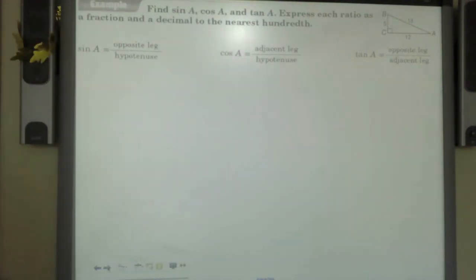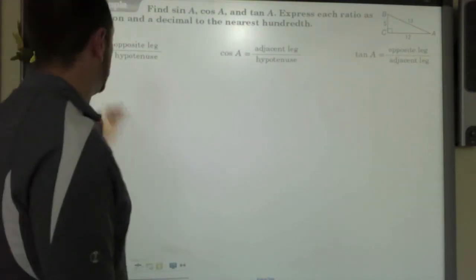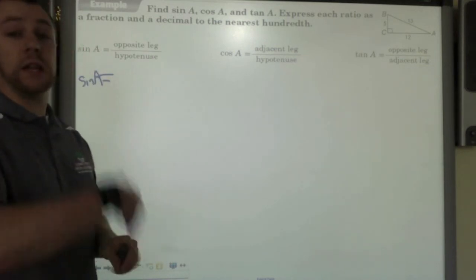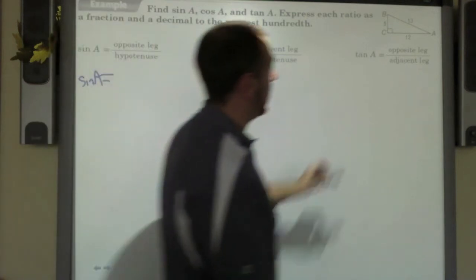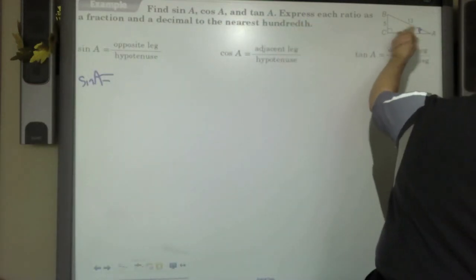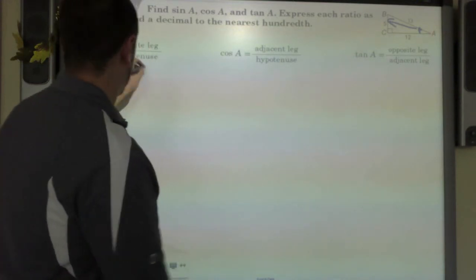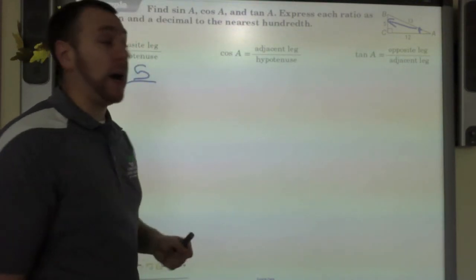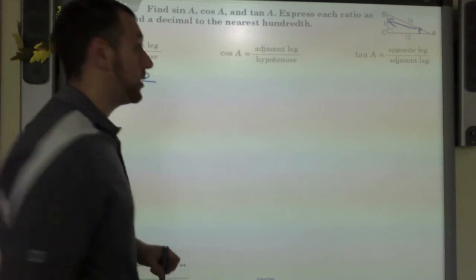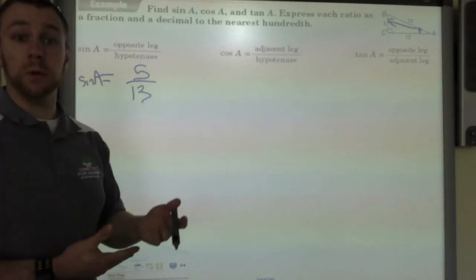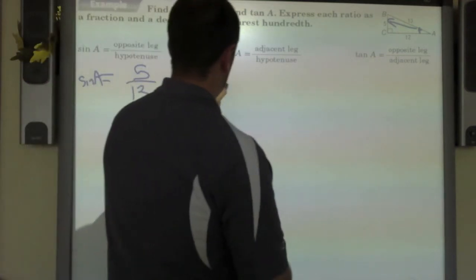So in this example, you're asked, okay, what's the sine, cosine, and tangent of angle A? And you're given lengths. So what we have to figure out is what's the leg opposite A. Well, I'm going to mark A. I'm going to draw an arrow. That is 5.